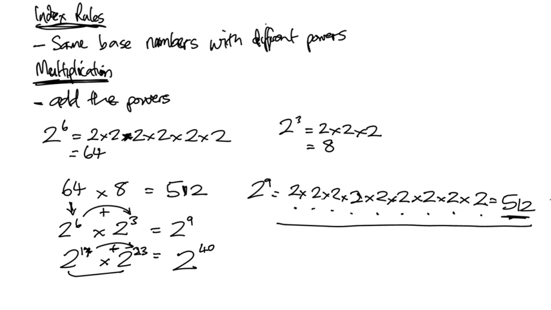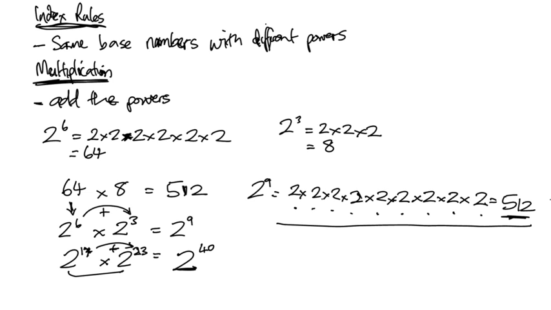So 17 plus 23 is 40. The answer is going to be 2 to the power of 40. And heck, if you're interested, try it on your calculator, times whatever the answer to 2 to the power of 17 is with whatever the answer to 2 to the power of 23 is, and you'll find that the answer is the same as 2 to the power of 40. So you get a little shortcut there.